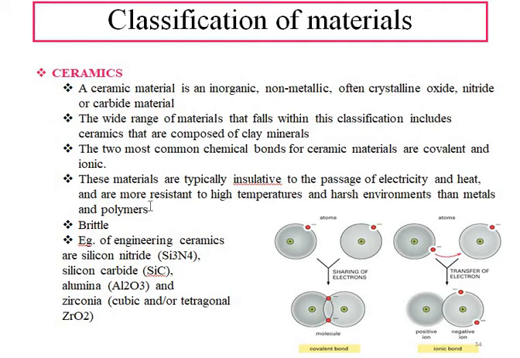Since no free electrons are there, they will not allow any passage of electricity or heat. They are also brittle in nature. A few examples are silicon nitride, silicon carbide, alumina, zirconia, etc.